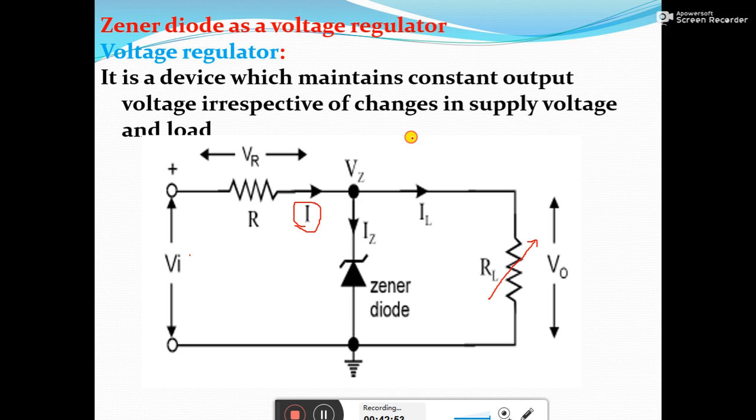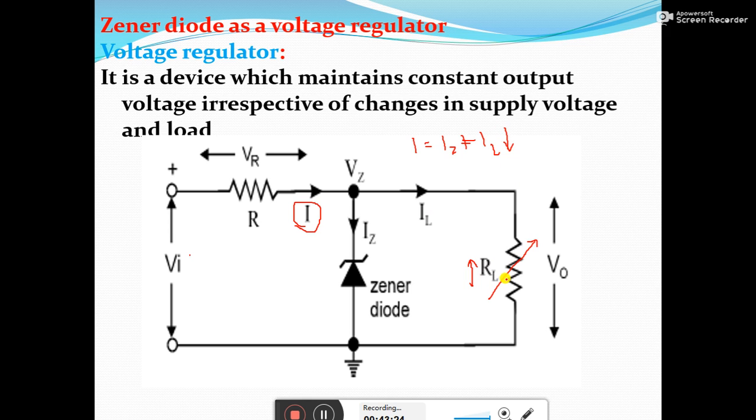Let's see it here. Again write the KCL equation: I equal to Iz plus IL. Let's say first case, if RL is increased, obviously the current through it should decrease. As RL increases, IL decreases.